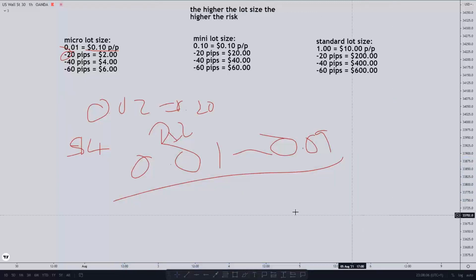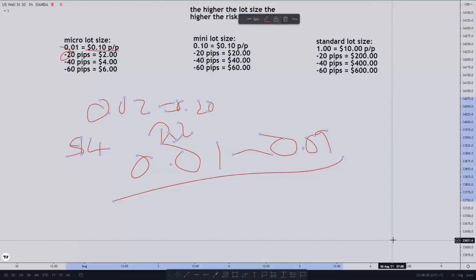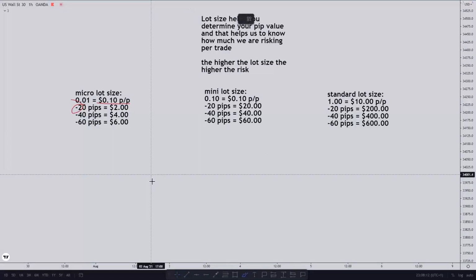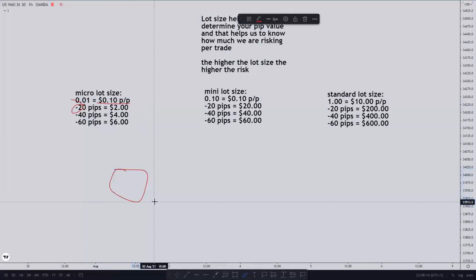So let's say now we are going to be using a 0.05 micro lot on a trade, right?